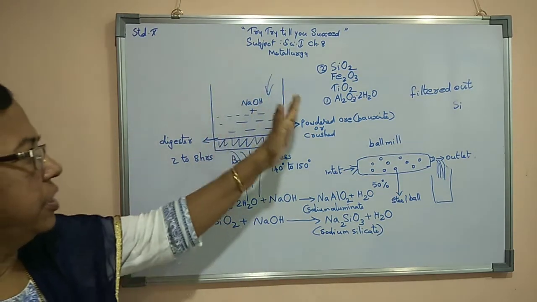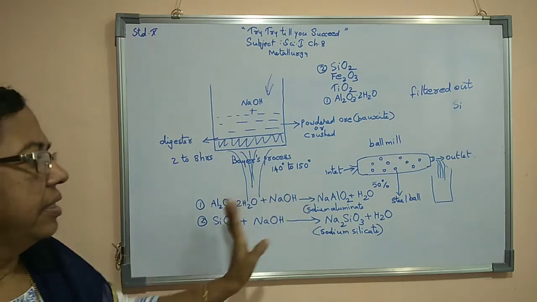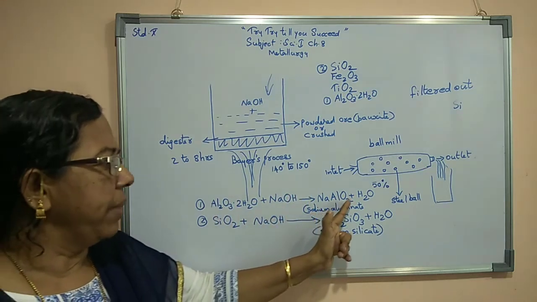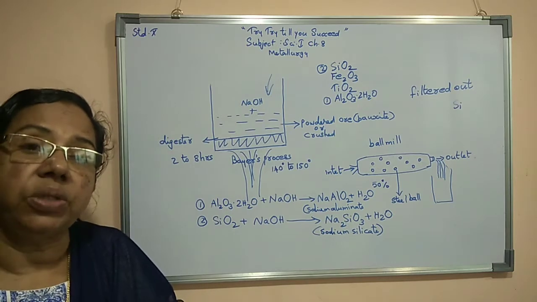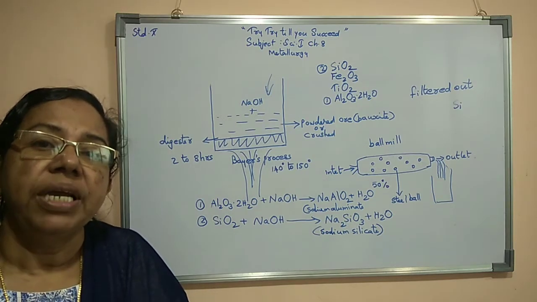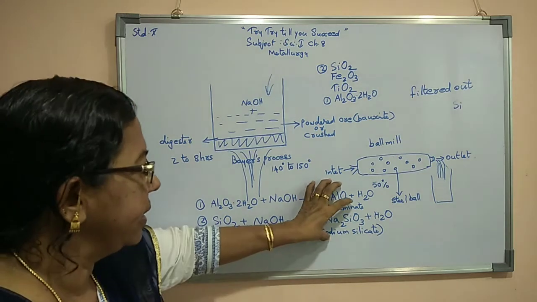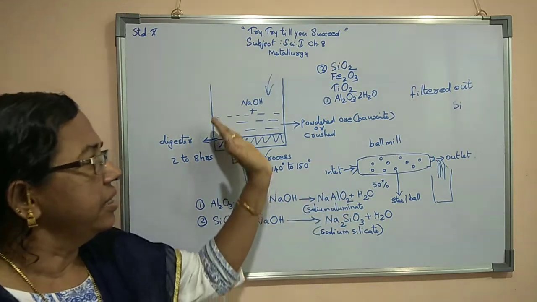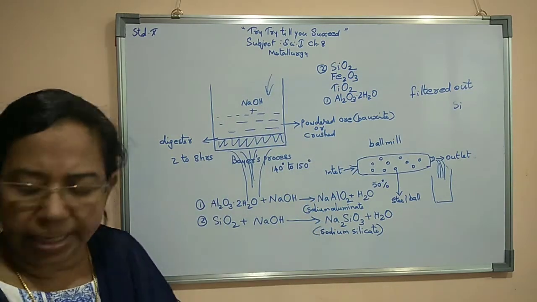Now, this process is stopped. We have got sodium aluminate and sodium silicate. Now we have to pour water in the container. So we take these things in a container.